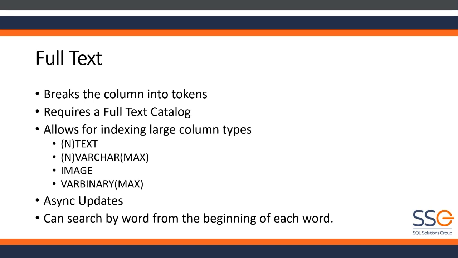I could search for solutions. I could search for SOL and a wildcard, and it would find it. I could search for GRO and a wildcard, and it would find it. What I couldn't do is search for ARD, which is the end of my first name with a wildcard. It just won't search for it. You have to search from the beginning of the word.